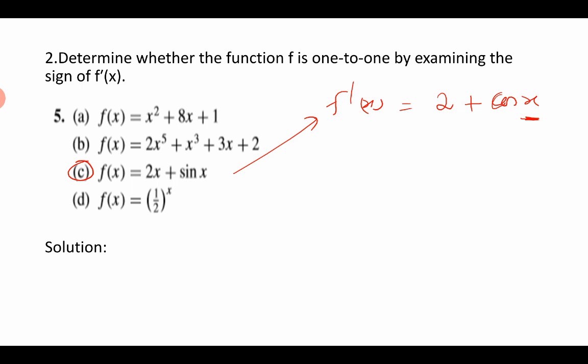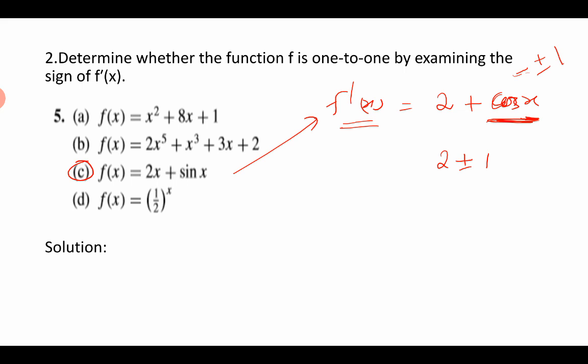The range of cosine x is plus or minus 1.